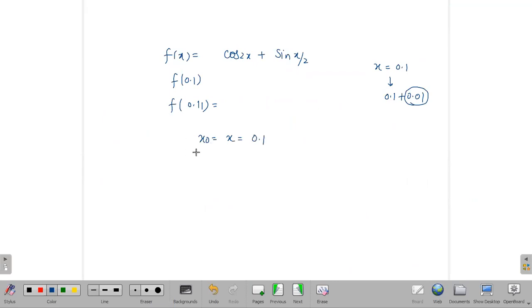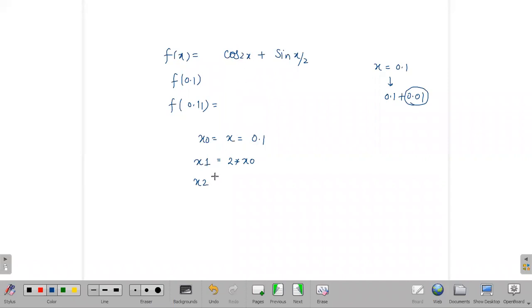So now to find this expression at 0.1, first I have to find this 2x. So in the next step I will write 2 into x naught. This is my second step. And then in the next step you have to find cos of 2x.